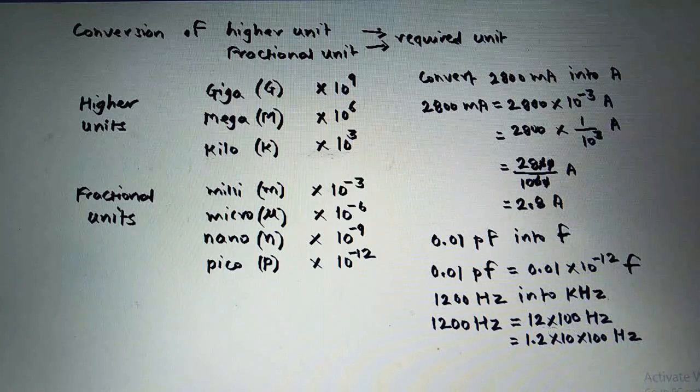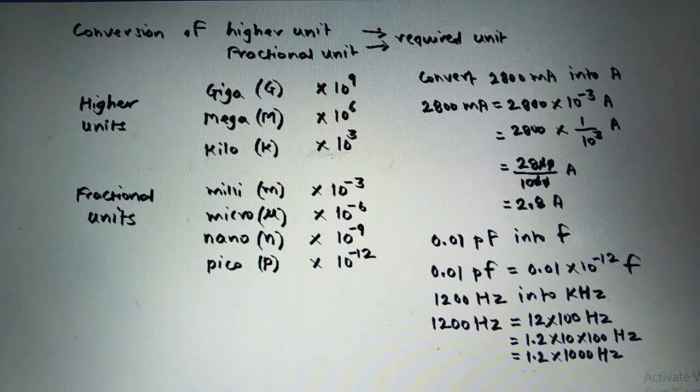See here, the decimal point is shifted on left side of this rightmost digit. Then it will be 1.2 into 10, and we will write 100 as it is here. Now 1.2 into 10 into 100, it will be 1000 hertz.